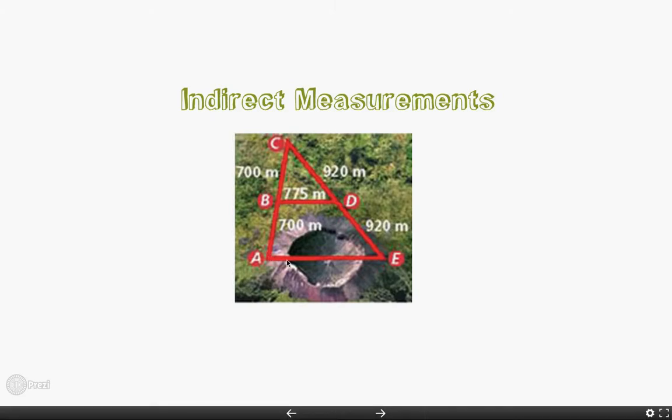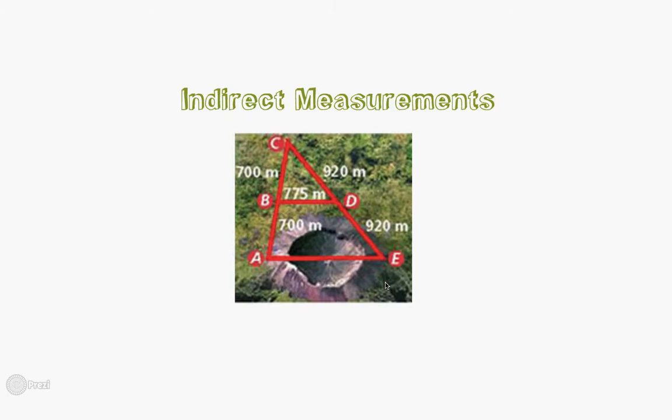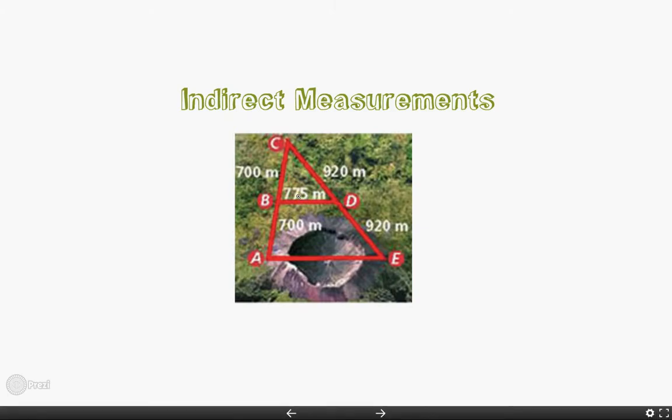It is parallel to AE. So what would you do to 775 meters to get the length of AE, which is essentially the length of this volcano or sinkhole? You would double 775, and that would give you AE.